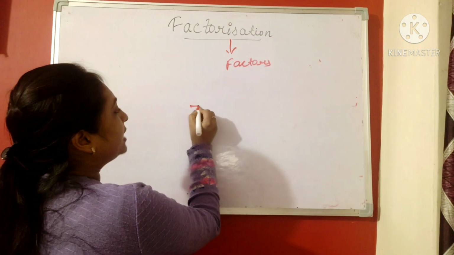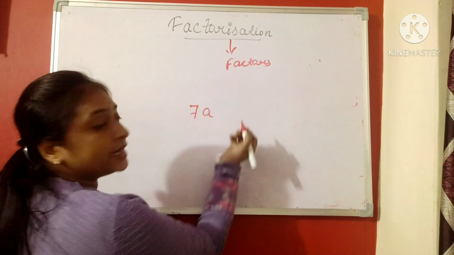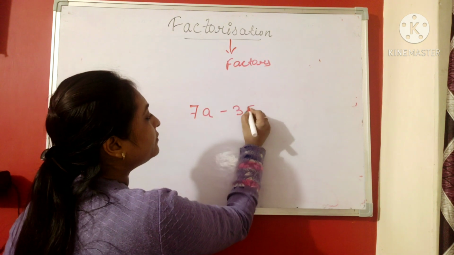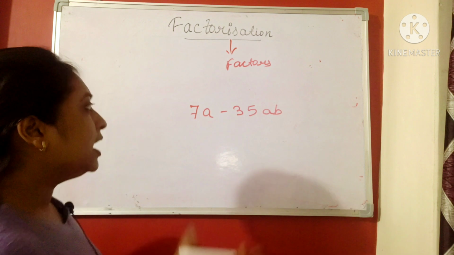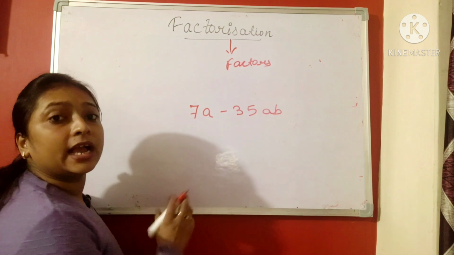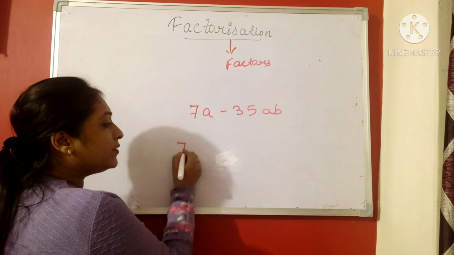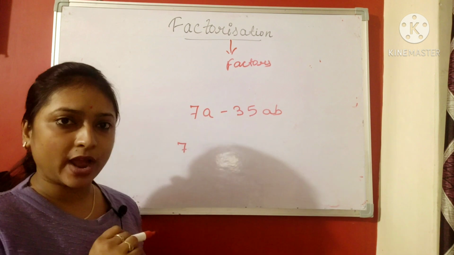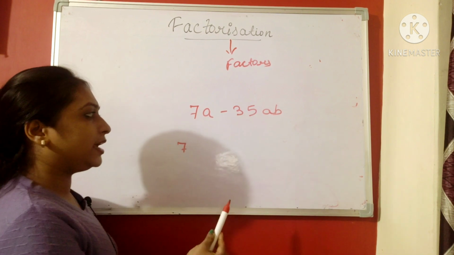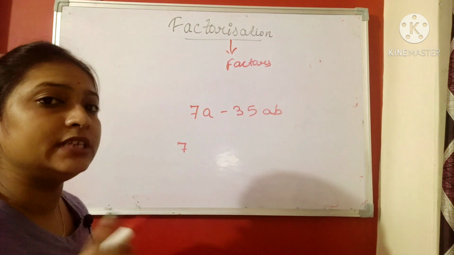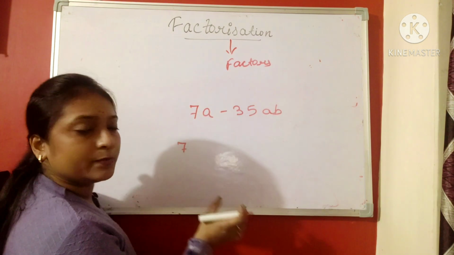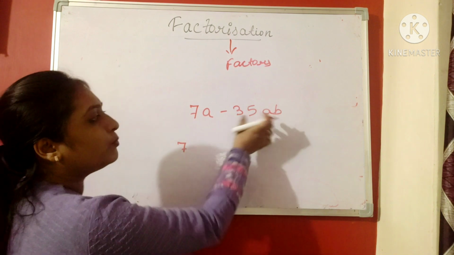Let's understand that with another example. It is 7a minus 35ab. Suppose this is an algebraic expression. Now what can we take out common? 7 we can take out, as 7 is a factor of 7 and of 35 also, and we prefer the highest factor of both the terms.